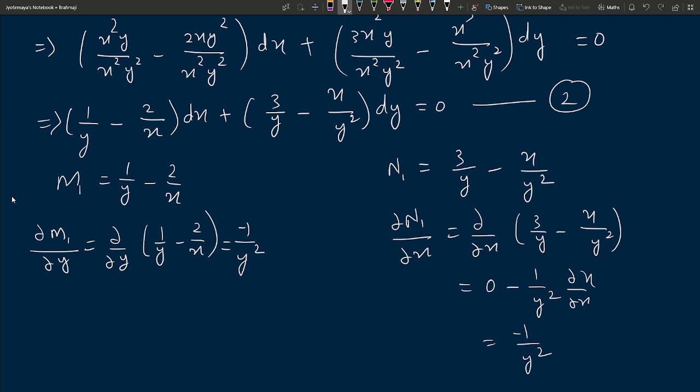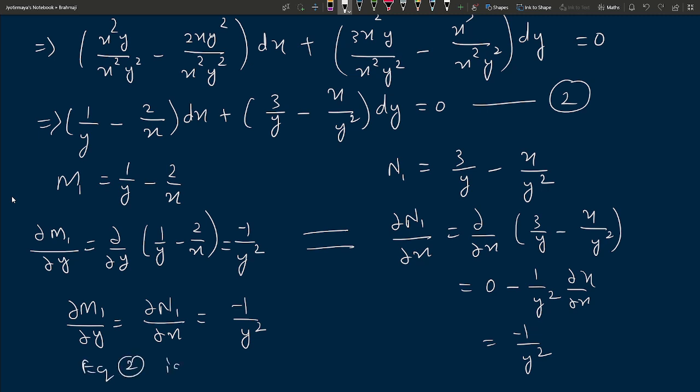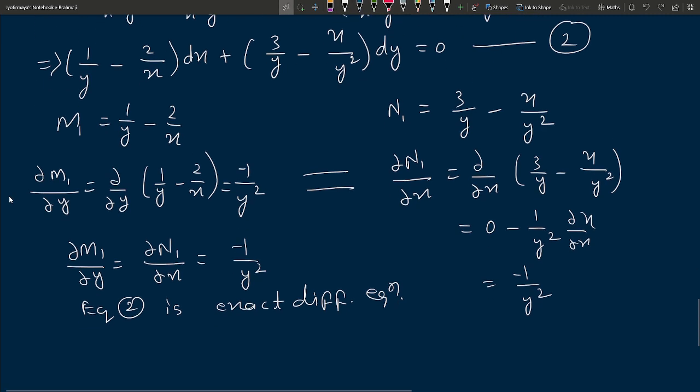Now see, del M1 by del y is minus 1 by y square and del N1 by del x is also minus 1 by y square. So del M1 by del y is equal to del N1 by del x, both equal to minus 1 by y square. So my differential equation 2 is exact. And if 2 is exact, then how to solve it?